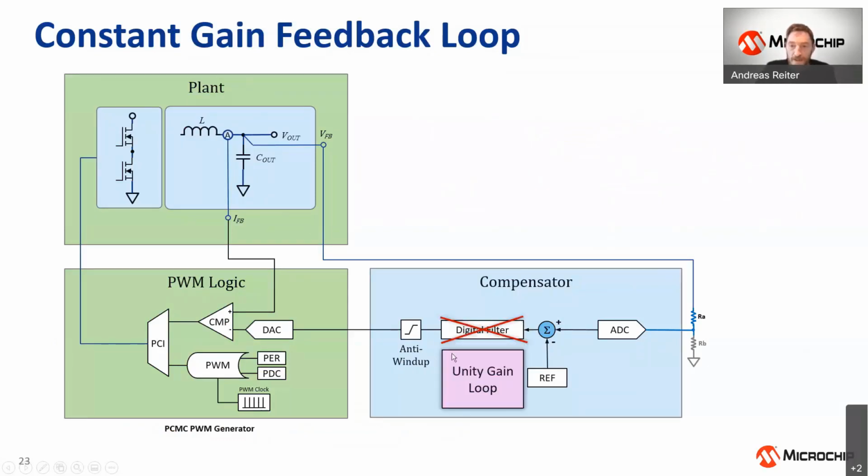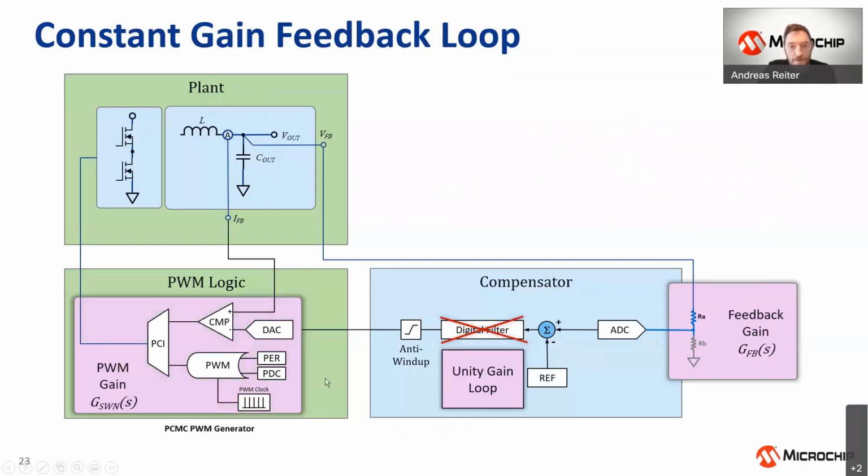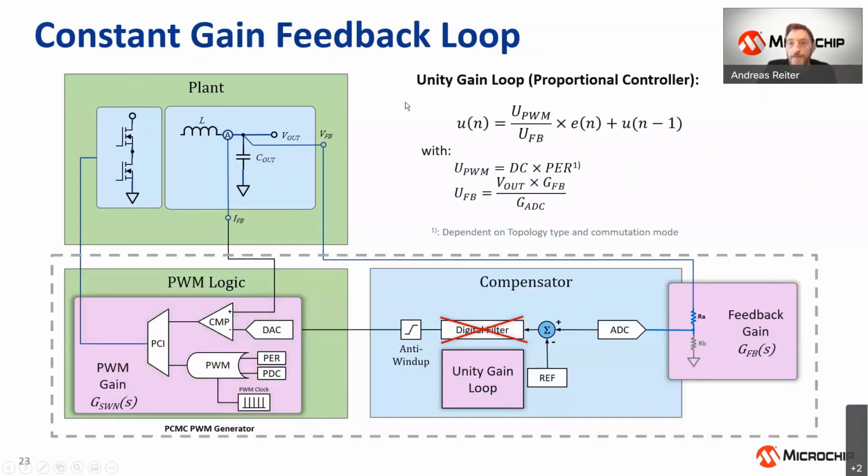We are eliminating our digital filter and replacing it with a unity gain loop. That system, however, still has a couple of additional gains included. One is the feedback gain, and the other one is the PWM gain. So the unity gain loop now uses this equation to drive the output into regulation or close to regulation, so that we have the exact voltage ratios and the PWM is operating at the right point.